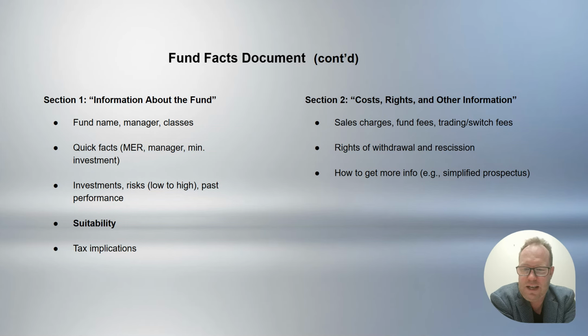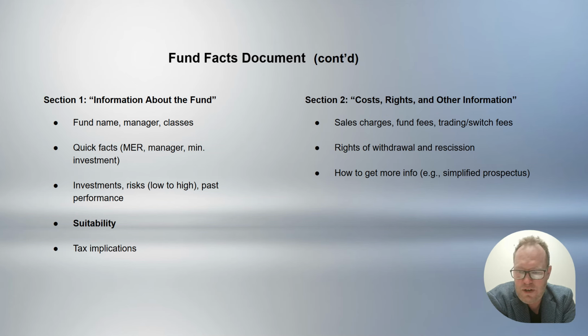Section 1 is information about the fund: things like the fund name, the fund manager, the different classes that exist within the fund, some quick facts about that fund, the cost, and potentially a minimum investment that's required.